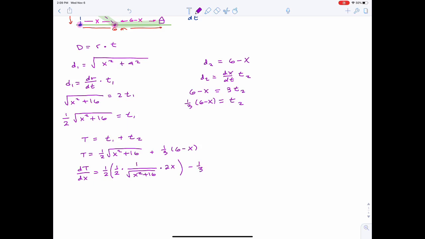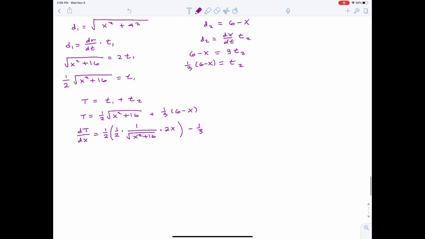Okay? So cleaning this up, looks like I get, let me get some canceling out, x over 2 square root of x squared plus 16 minus 1/3.